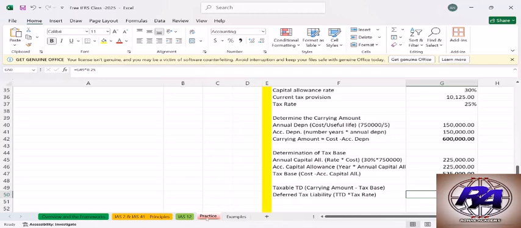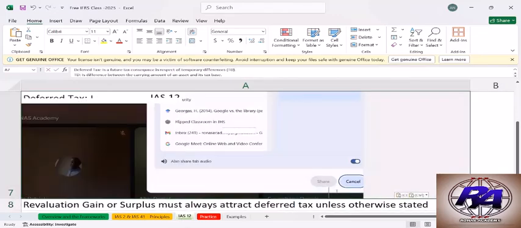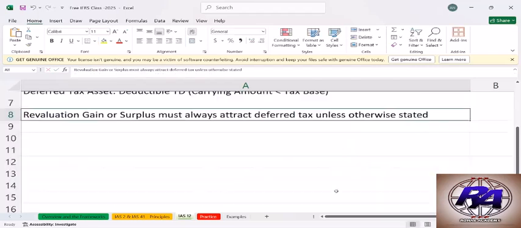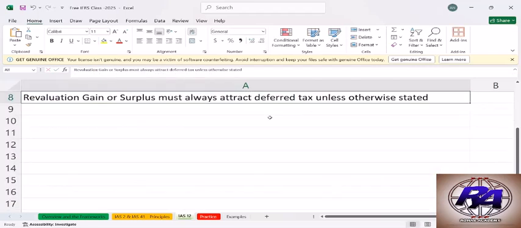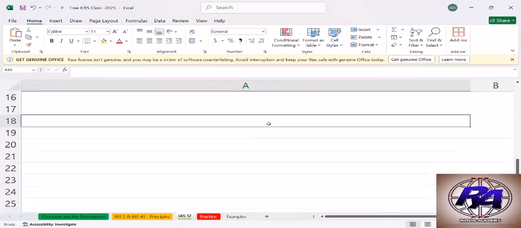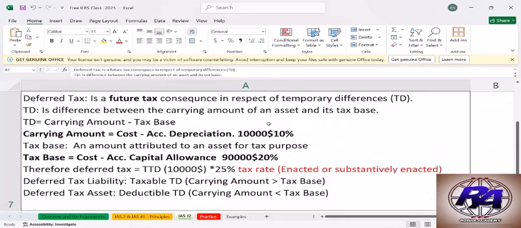Let me put those notes there. When it comes to deferred tax treatment, always you have to be careful.